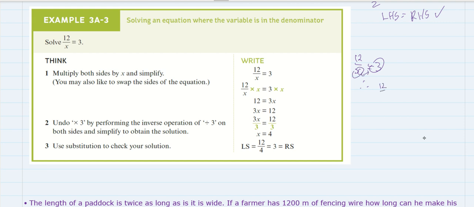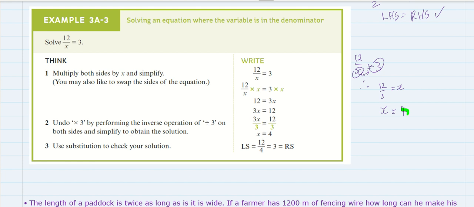So 12 over 3 equals x, and therefore x equals 4. You can see that I've just put my x on the left-hand side of the equation. Checking: 12 over x, we said x was equal to 4, equals 3, so 12 over 4 equals 3. Yes, the left-hand side does equal the right-hand side.